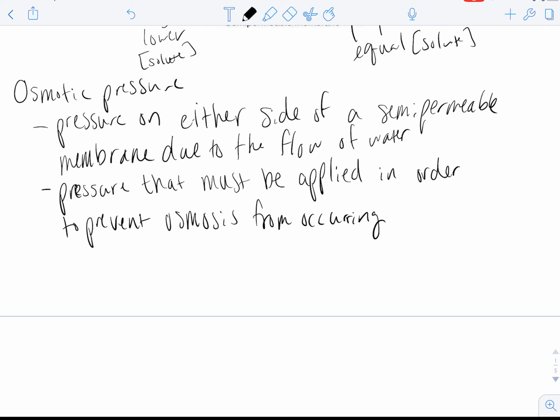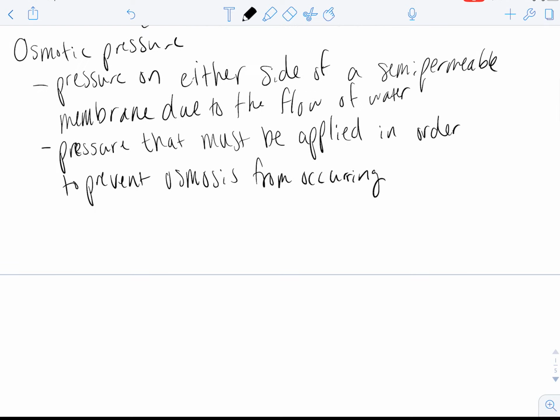And it's also considered the pressure of the excess fluid once concentration on both sides are equal.